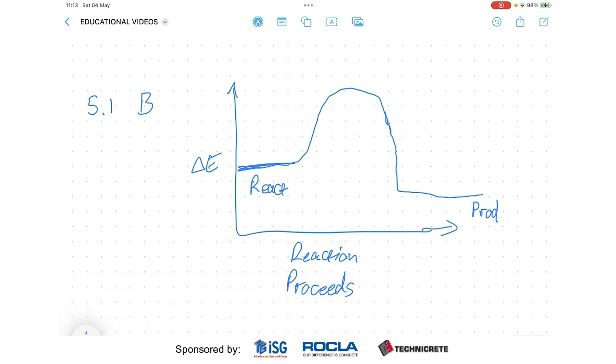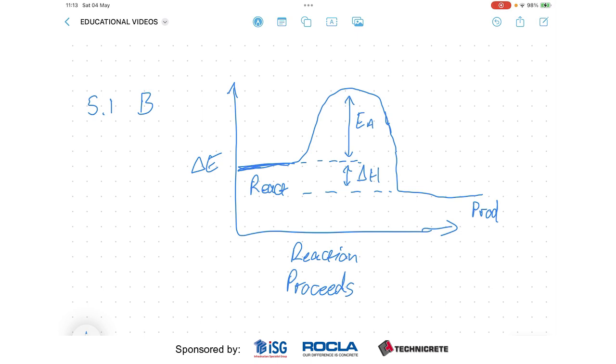So this difference here, this to here, this here is our activation energy. And then the difference here, that is the enthalpy of the reaction. Okay, so this is the enthalpy of the reaction, the actual energy, the net energy needed for the reaction, the net energy change. So that's more thermodynamics. So we're not too worried about the enthalpy in this question.